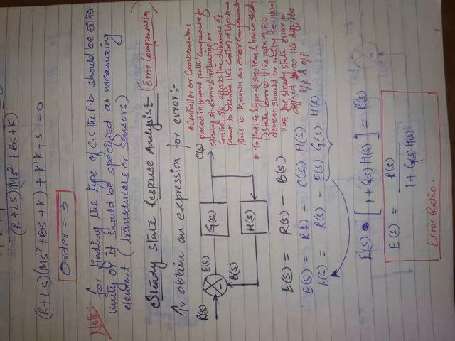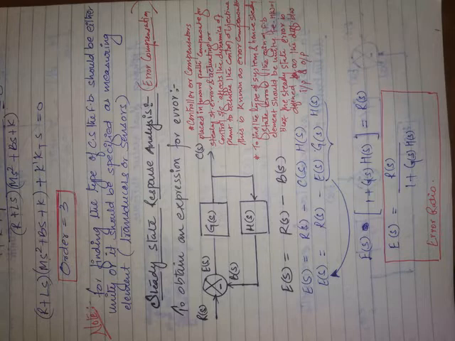R minus B. This will become R of S minus C of S into H of S. R of S minus E into G is equal to C of S, so E of S, G of S, H of S. Now take this to the left hand side and take E of S common: 1 plus G of S, H of S is equal to R of S.